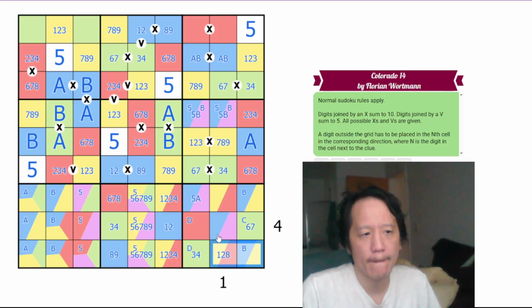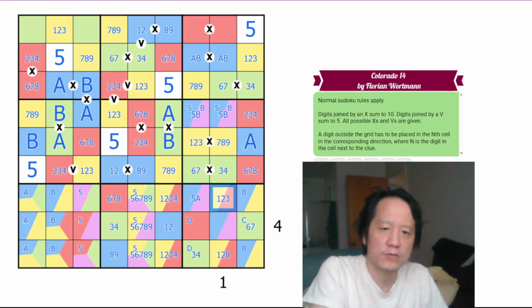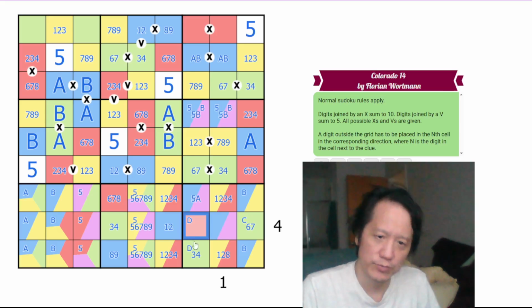Correspondingly. This digit sees both high reds and yellows. Therefore, this is low. So this is low, red or yellow. We're not sure which. This is 5A. We don't know which one that is.